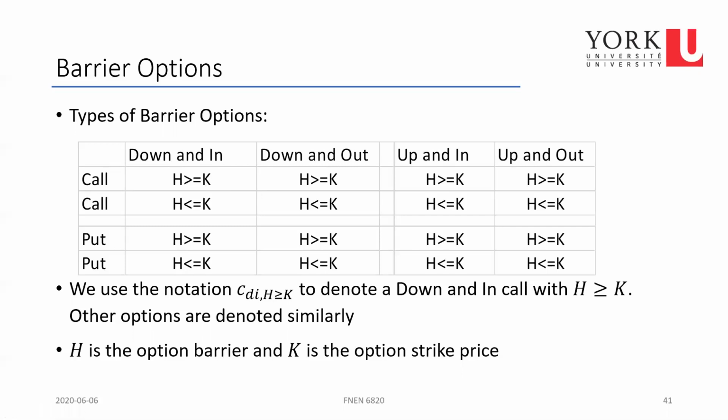And so here is down and in. So you have to be lower than the barrier, and then, within the life of the option, the stock price has to be lower than the barrier. Then you have the option activated.